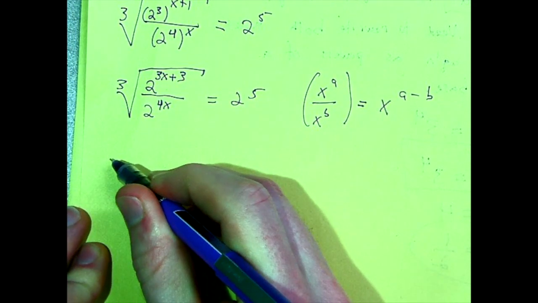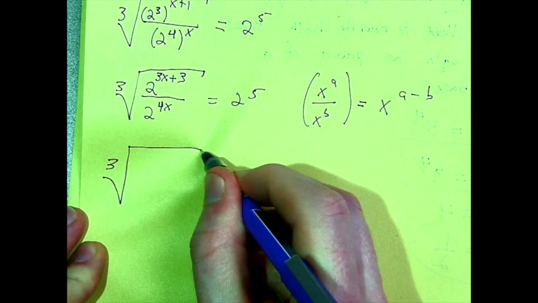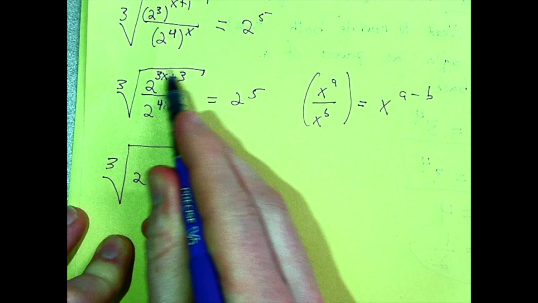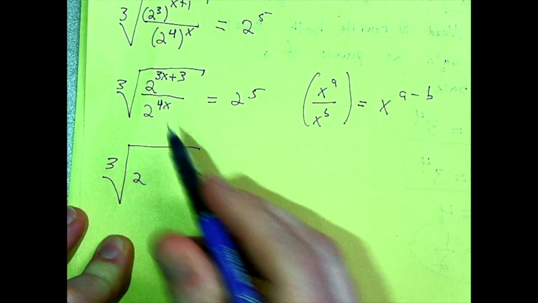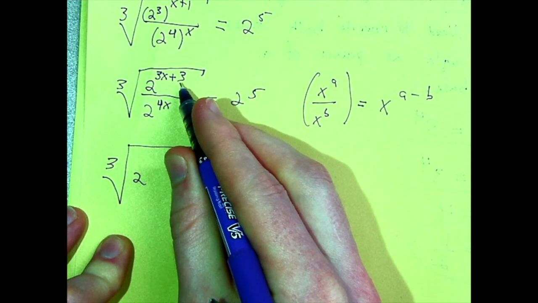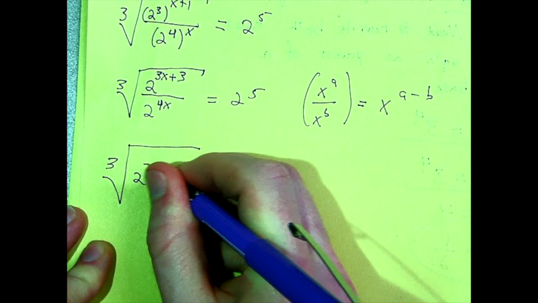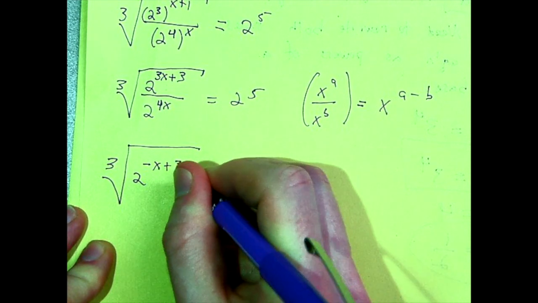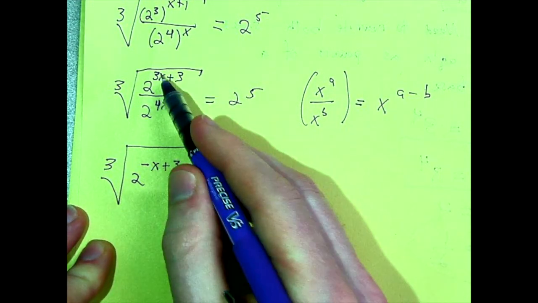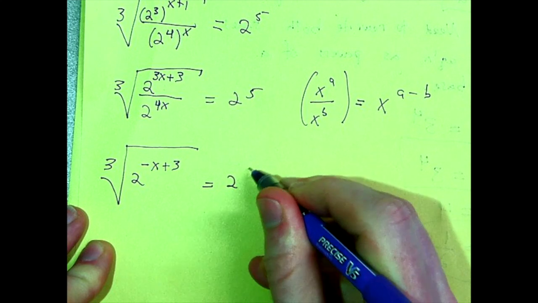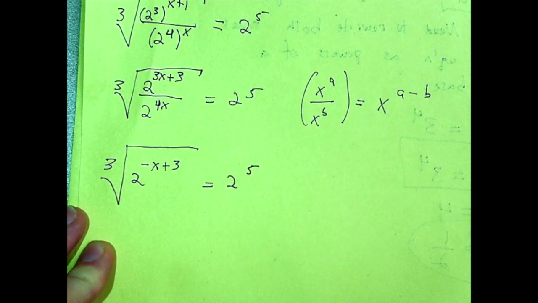So I have third root of 2 to the power of this exponent minus this one. So that's 3x plus 3 minus 4x. That's going to give you negative x plus 3, right? 3x take away 4x, that's negative x. All right, and again, I'm not doing anything to the right-hand side.